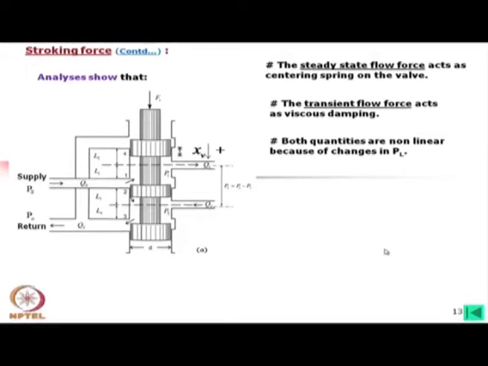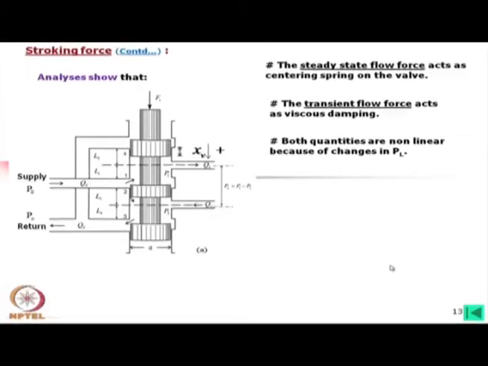Both quantities are nonlinear because of the changes in load pressure. These two coefficients, Bf and Kf, as well as the force, will be nonlinear. In fact, servo valves are highly nonlinear.